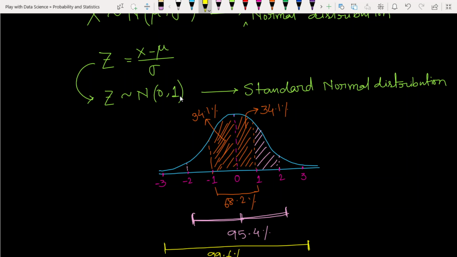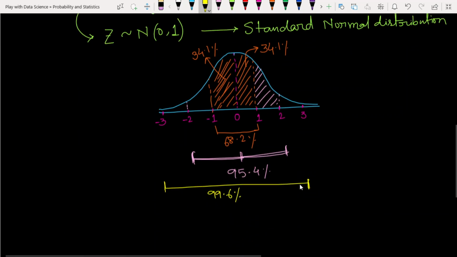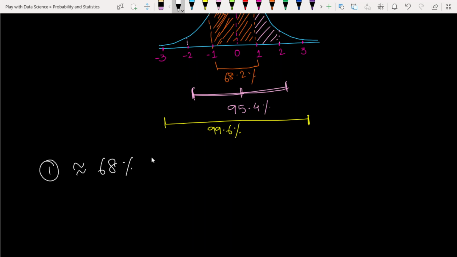But if you convert these things to the standard normal distribution, then we can easily conclude that, number 1, approximately 68% of the data, means observations xi dashed, lies between -1 and 1.